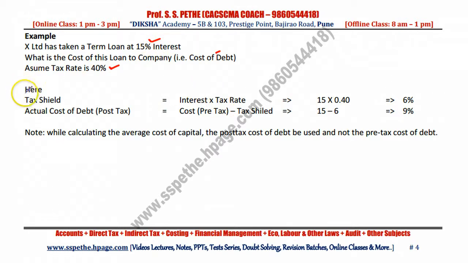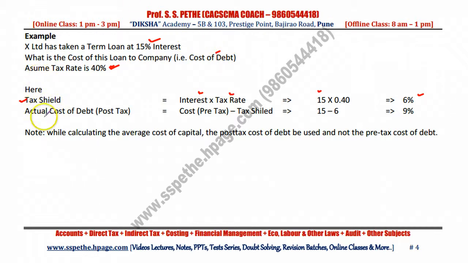Now here we will find the tax shield first, how much the company is saving by paying the 15% interest. Interest into tax rate. Tax rate दे रखा है 40%, interest rate है 15%. 15 into 0.4, you will get 6% is the tax shield in this case.